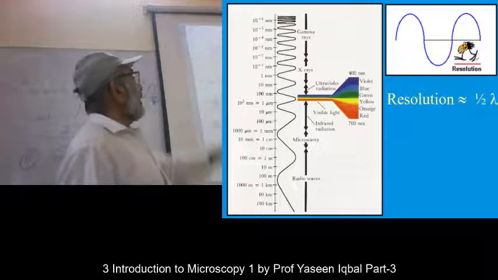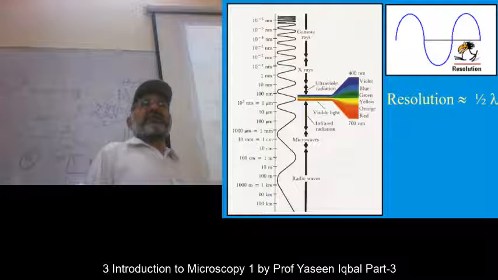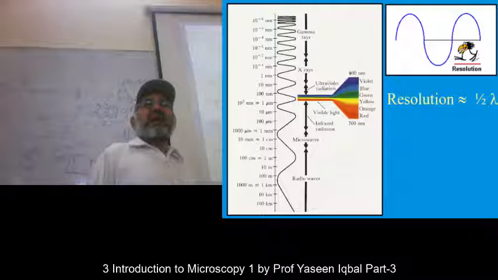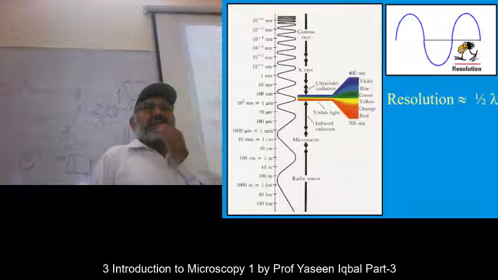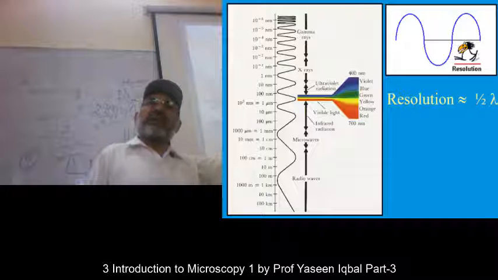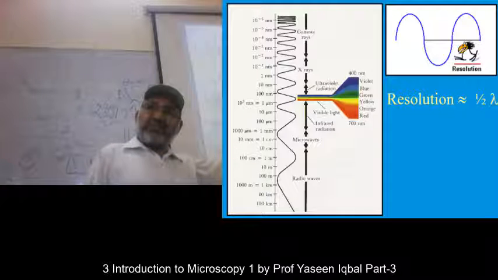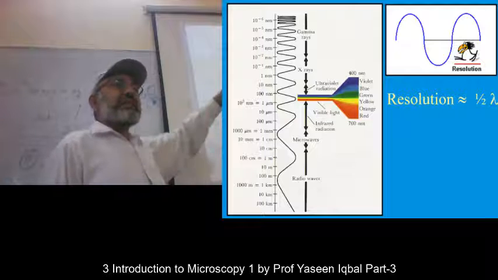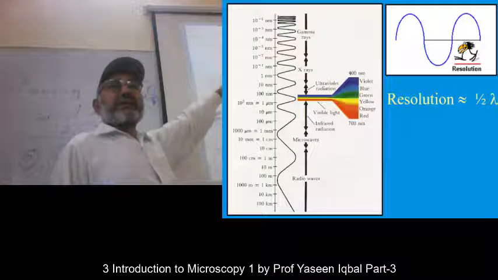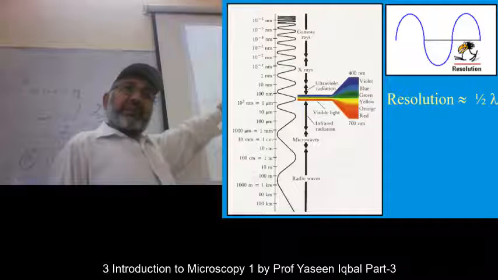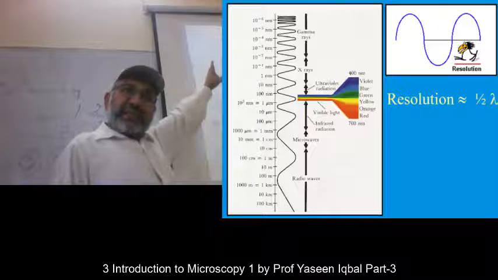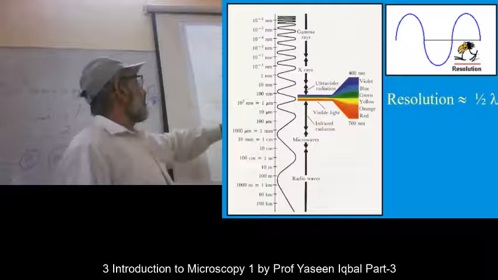And here, 10 power minus 6 nanometer, is very much smaller than an angstrom. So when the wavelength of a radiation is below 1 angstrom, it comes in the category of gamma rays.